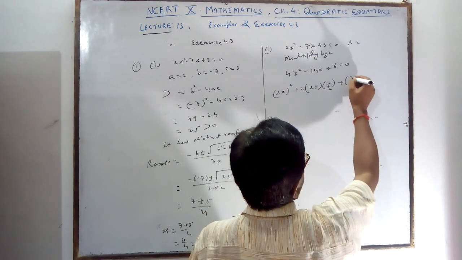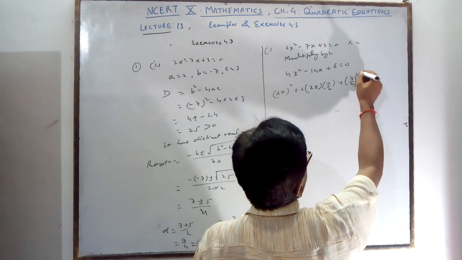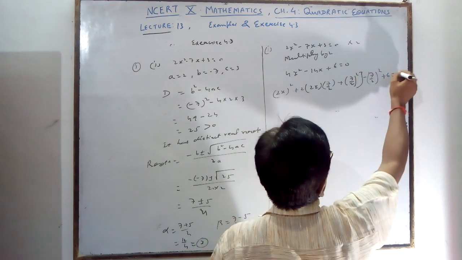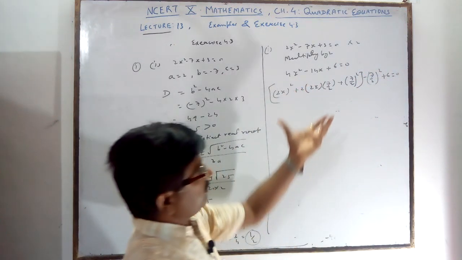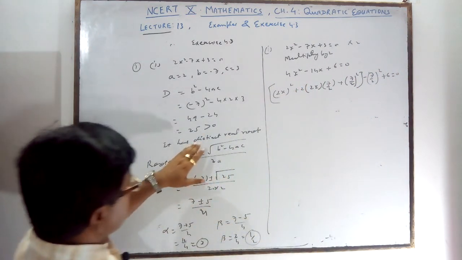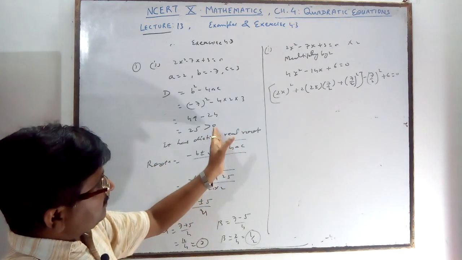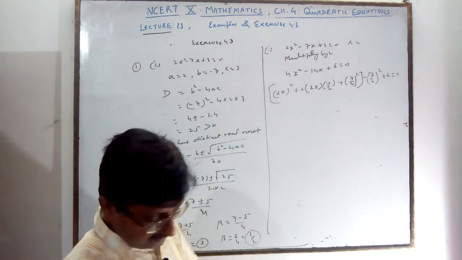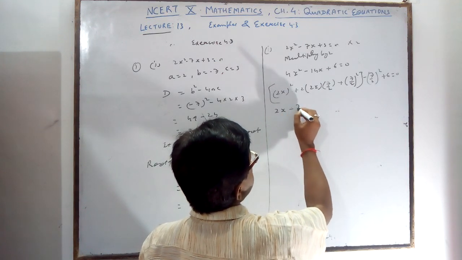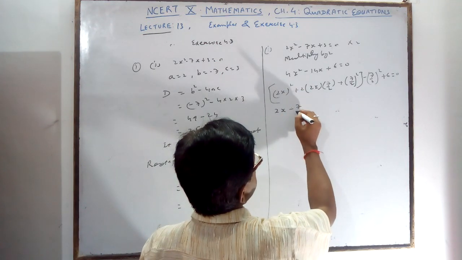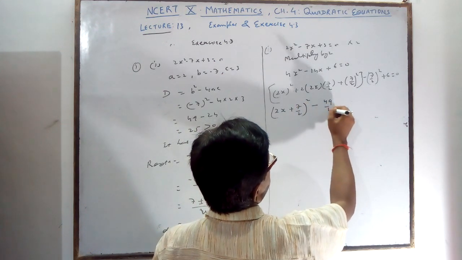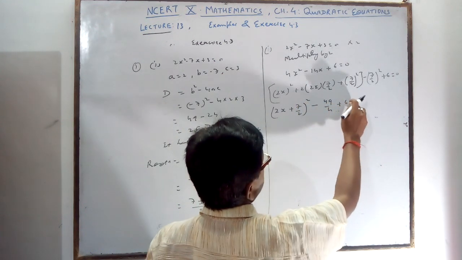Plus b square, 7 by 2 square, minus 7 by 2 square, plus 6 is equal to 0. The first 3 terms give you the whole square. So 2x plus 7 by 2 whole square minus 49 by 4 plus 6 is equal to 0.